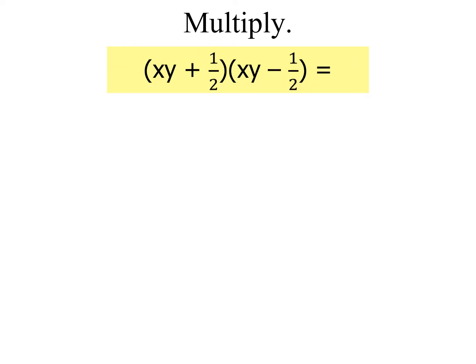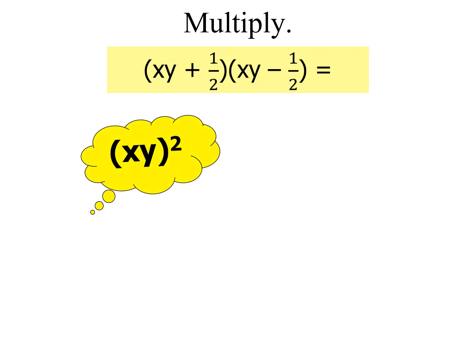Then we have here the quantity of xy plus 1/2 times the quantity of xy minus 1/2. I know what you're thinking. Now it involves fraction. Okay? But it's still the same pattern. First, we square the first term. And the first term there is xy. Okay? So the quantity of xy.